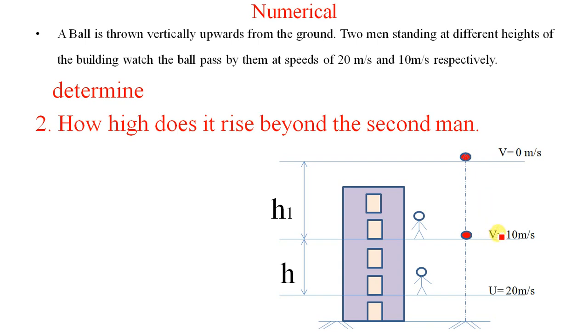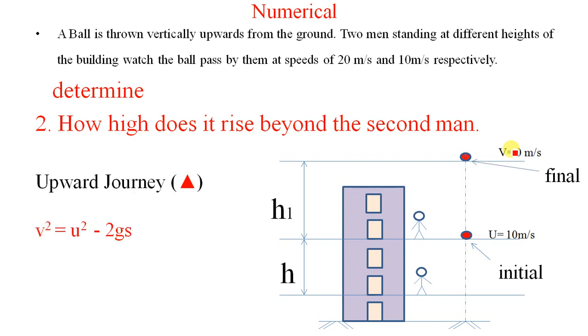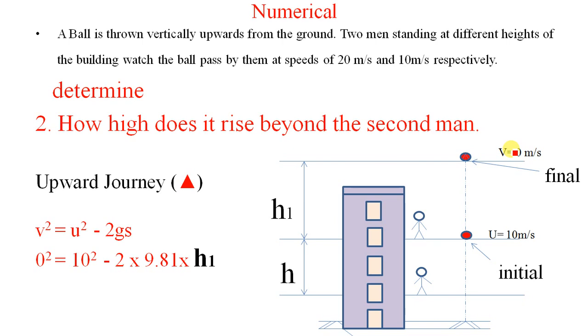So now this becomes your initial velocity and this becomes your final velocity. Same formula we have to use. Now this is the initial 10 meter per second and this is your final velocity. Then which formula is useful? Upward journey, v square is equal to u square minus twice gs. Substituting the values, you will get the value of h1, that is 5.10. That is, the ball will rise 5.1 meter above the second observer.